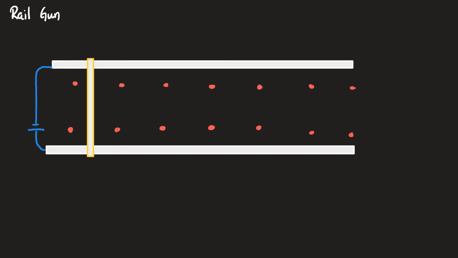When I drop the piece of metal there, I complete the circuit, which means a current will be generated in this direction.